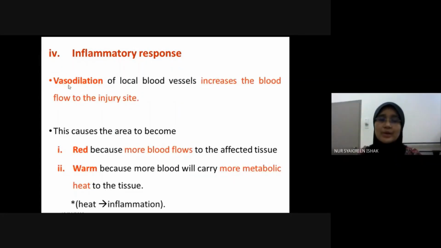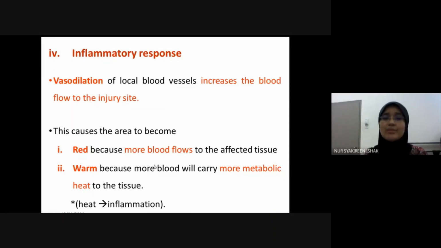So you have vasodilation that occurs due to the secretion of histamine by the mast cells. So the vasodilation of local blood vessels increases blood flow to the injury site. So this causes the area to become red. Why red? Because you have more blood flow to that infected area, okay.